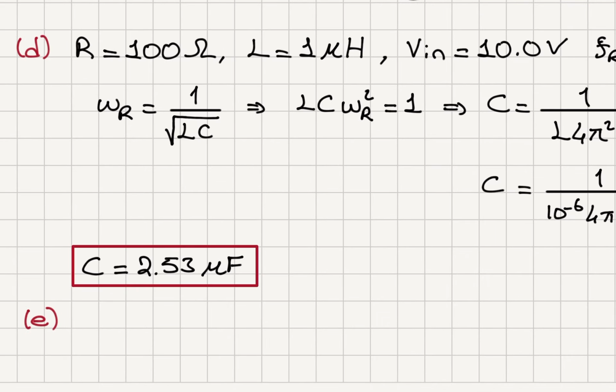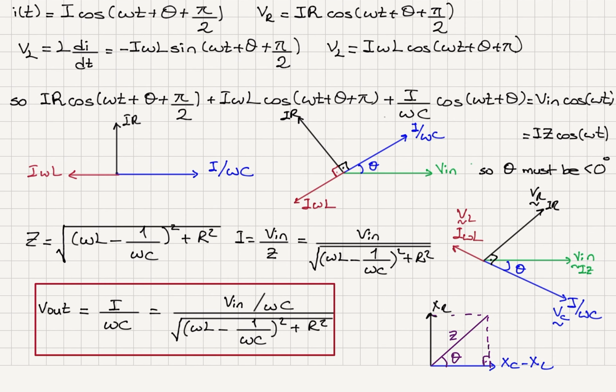The output voltage is going to be equal to the input voltage divided by omega resonance RC. So we have V out is equal to V in over omega C. This term is equal to 0, so we would have V in divided by omega RC equals V out.